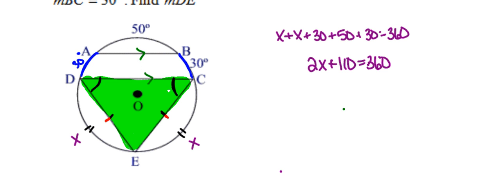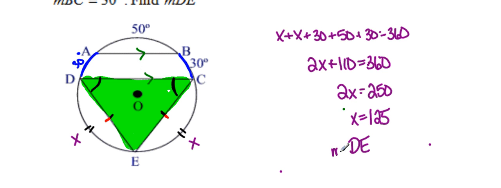I'm going to mentally subtract 110 from both sides. On the right side, I might do 360 minus 110 on my calculator. Divide both sides by 2. X comes out equal to 125. They're asking me to find the measure of arc DE. That is the same as x, or the 125.